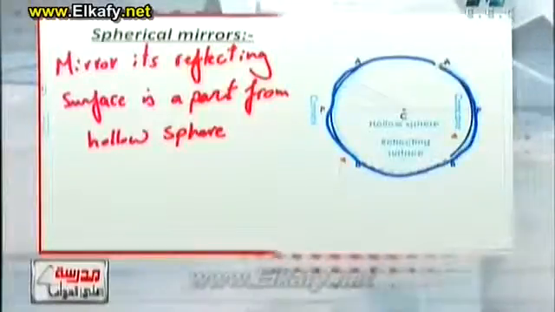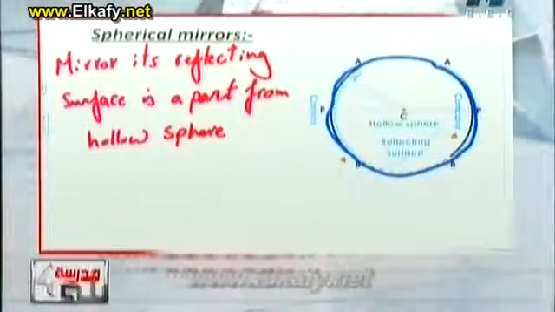From this sphere we can cut two types of mirrors. So here we have two parts, as you see, we cut two pieces of the mirror. If we take the internal reflecting surface of the sphere, we have a concave mirror.